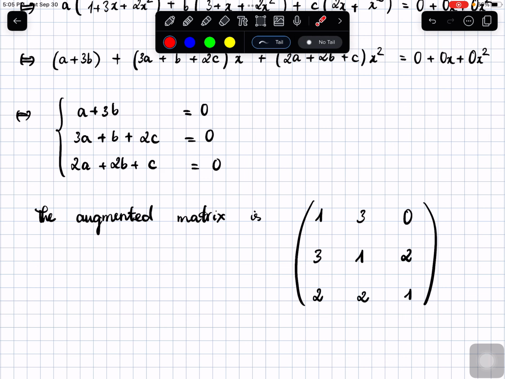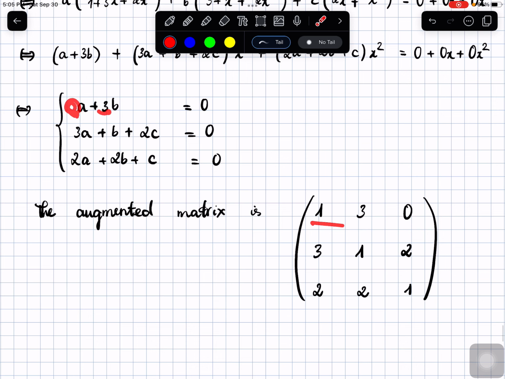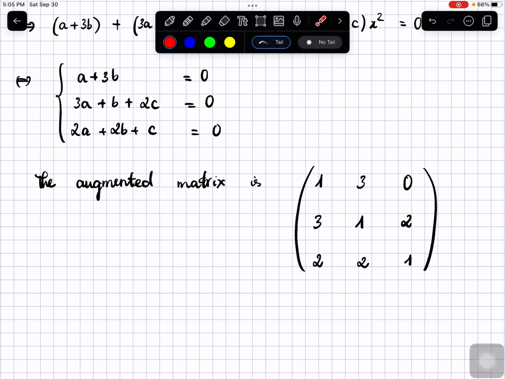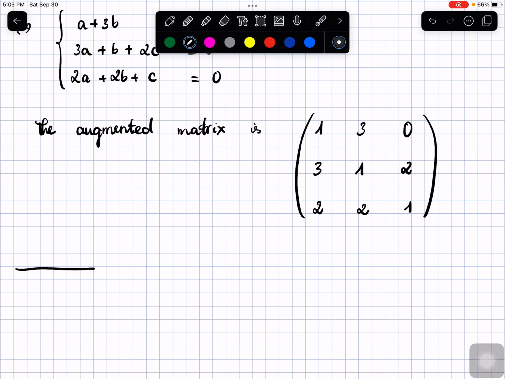Okay, so one way, we have a 3 by 3 matrix, right? You can just compute the determinant and check whether the determinant is non-zero or not. And the second way, we just do Gauss elimination. Now we can do Gauss elimination here.